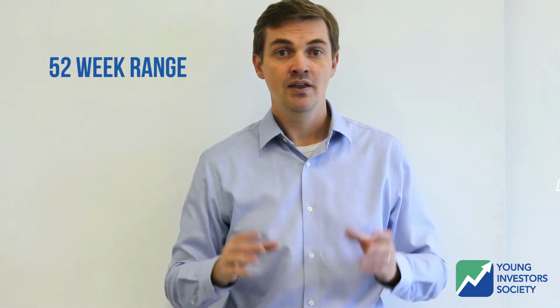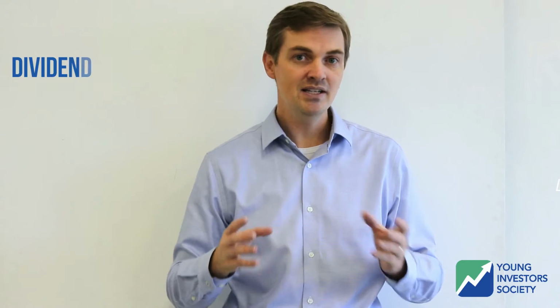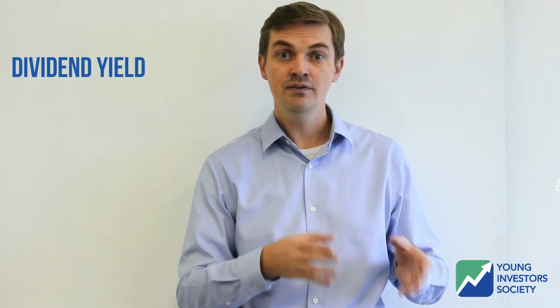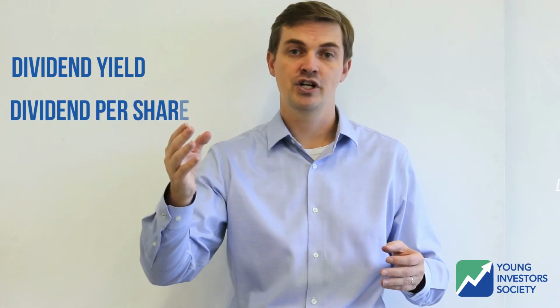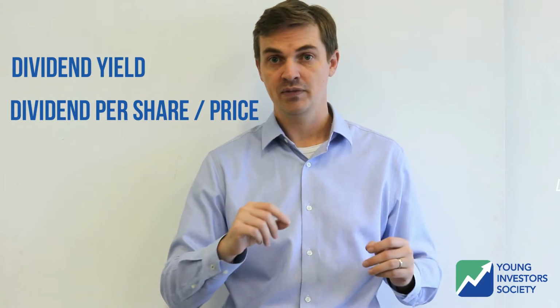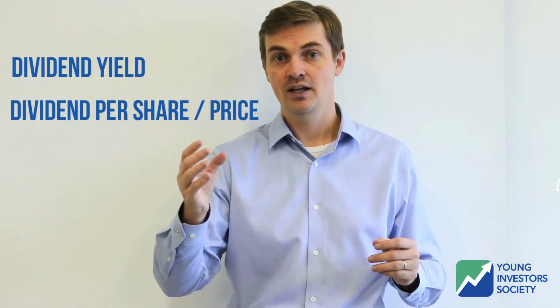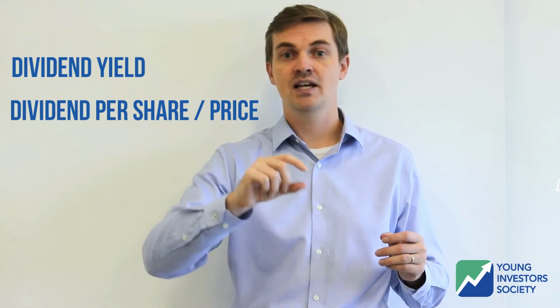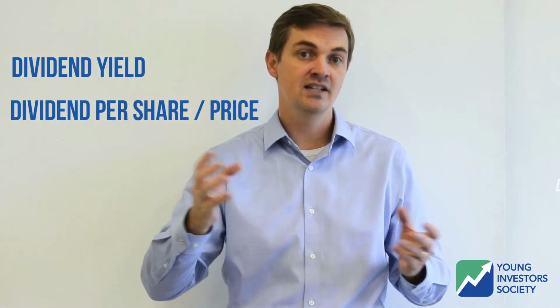The next item is the dividend yield. The dividend yield is basically the dividend per share divided by the stock price per share. So if the stock is $1 per share and the company pays out 5 cents per share, then you're basically making 5 cents for every dollar, which is a 5% dividend yield.